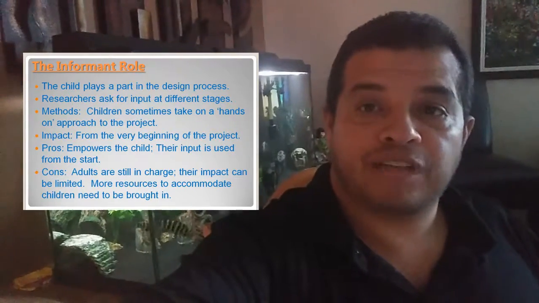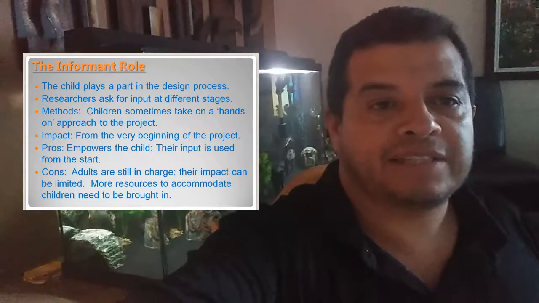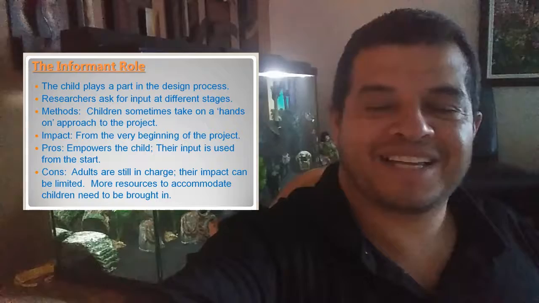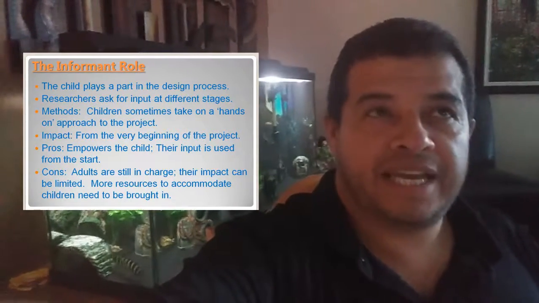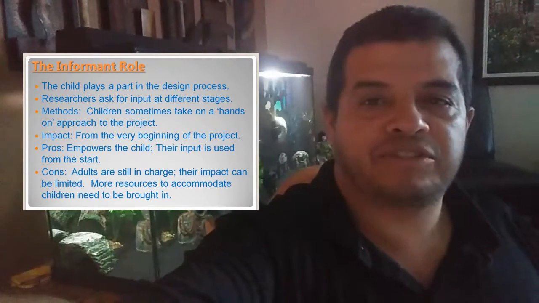It empowers the child and gets their creativity going. It can have some drawbacks. Children are very brutal and honest in their opinions, so sometimes that can take the developers aback. Likewise, at this stage, there are more accommodations needed to get children that involved, particularly from the parents and the teachers.